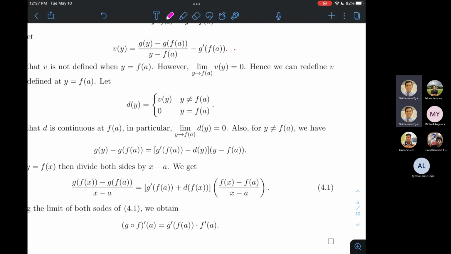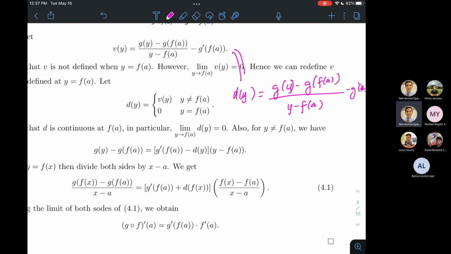I can write this as v of y equals g of y minus g of f of a all over y minus f of a minus g prime of f of a. I'll just transpose this back over there. So I will have g prime of f of a plus, so this should have been a plus, v of y. I forgot to correct this earlier.